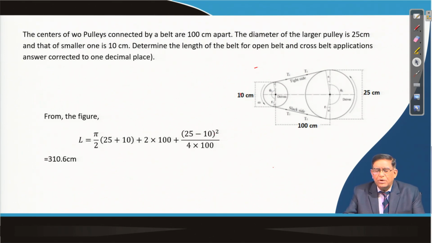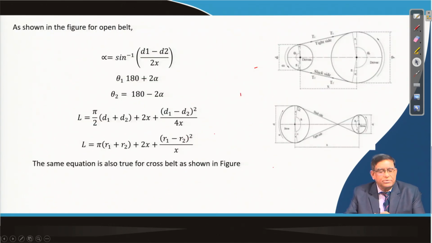So, you need to know at what distance the pulleys will have to be separated and whether that ratio will give you the proper requirement or not. That is why you need to know how to calculate the length of the belt in a particular installation, and this can be calculated just from the geometry. Ultimately these equations will give you the belt length.